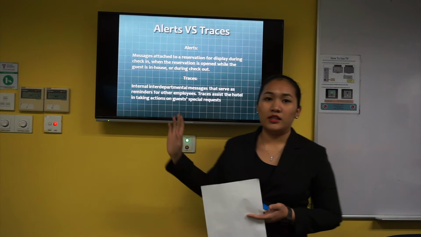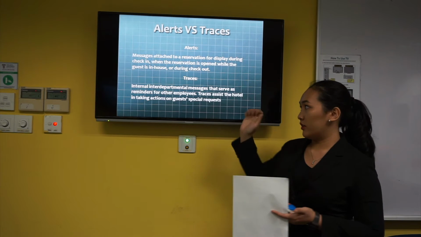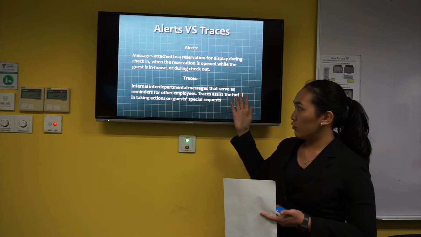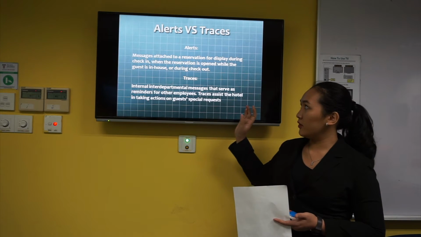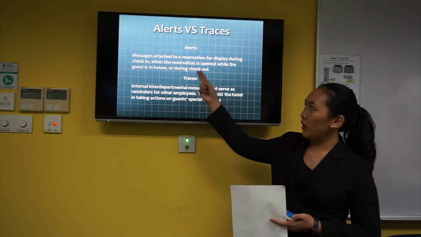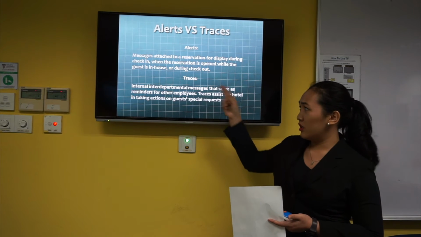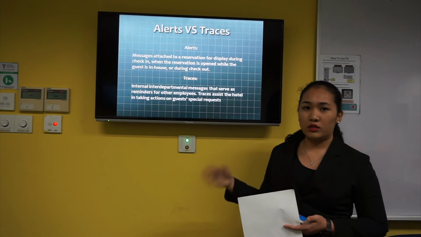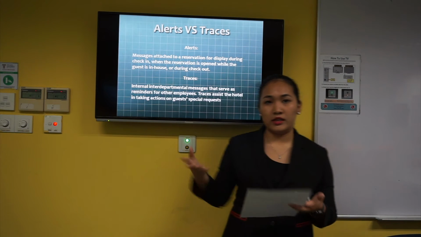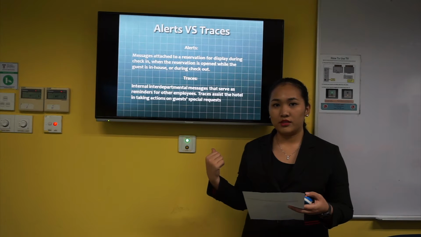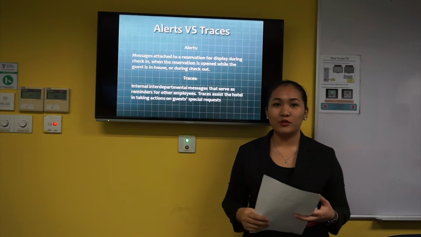So it is only used for check-in and check-out, and traces you use for all departments. The difference is that this is only for the front desk, but this will be aware for all the departments in the hotel. Okay? You already understand what I'm talking about just now? Yes, thank you. Okay.